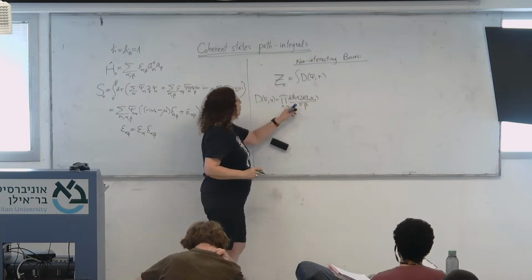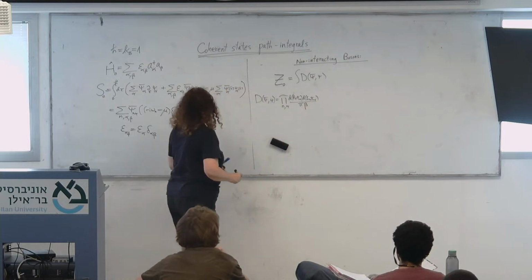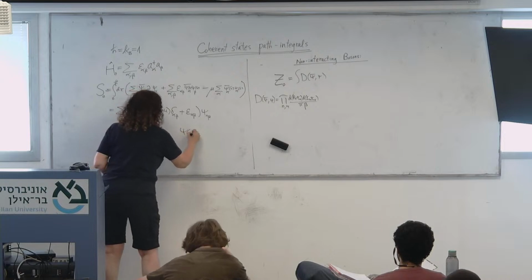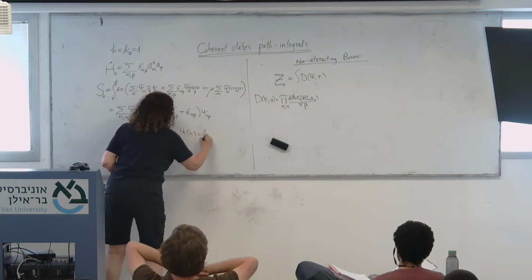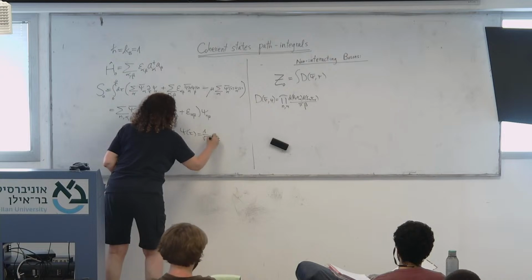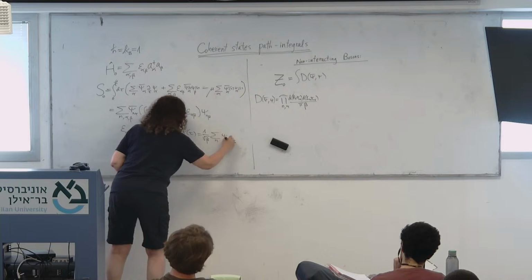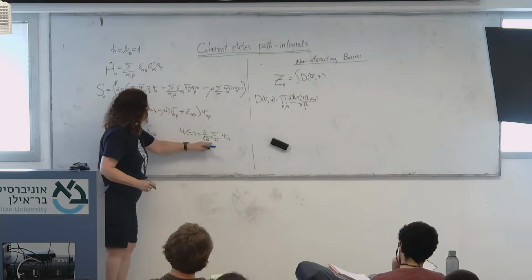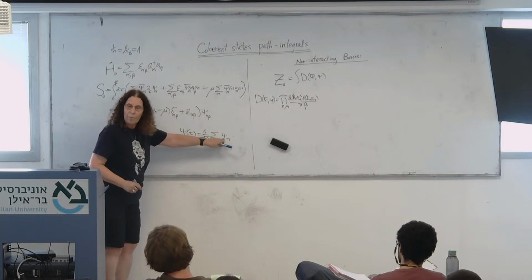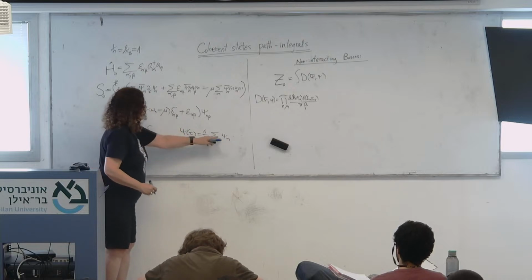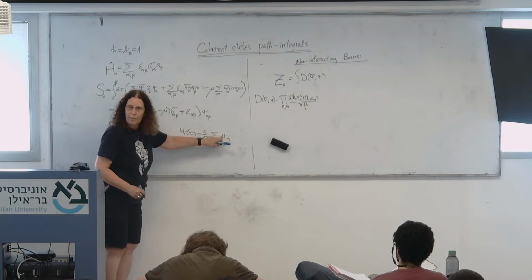Why did I divide by beta? Because if psi of tau has a factor of 1 over square root beta, then the psi n's, as opposed to the psi's, have dimensions of square root beta.